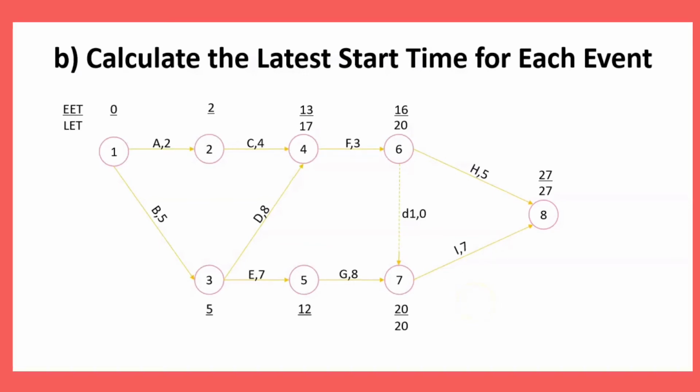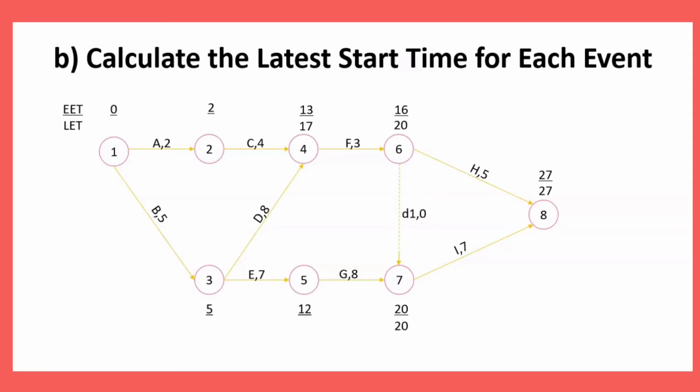Next, we are going to calculate the LET of node number 5. As we can see, the previous EET is 20 and the duration time is 8 with activity G. So, it means the previous EET, which is 20, will be minus the duration time of G, which is 8.